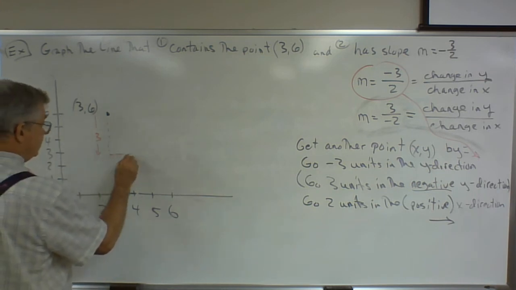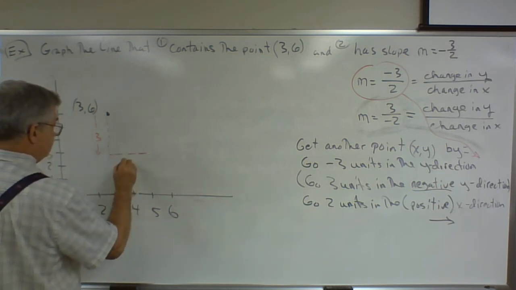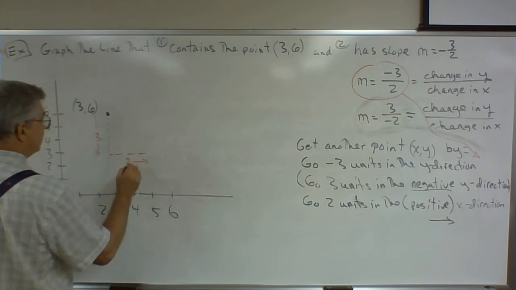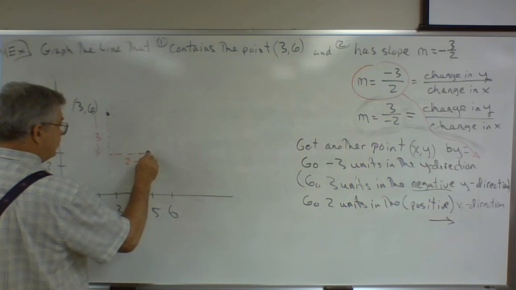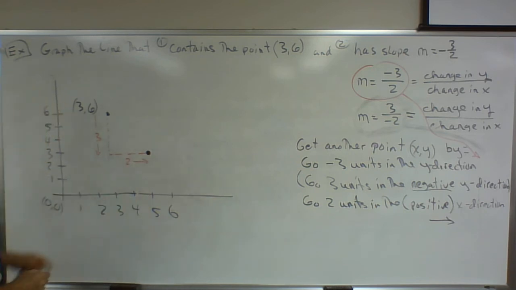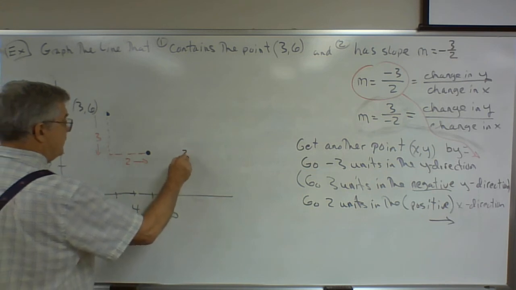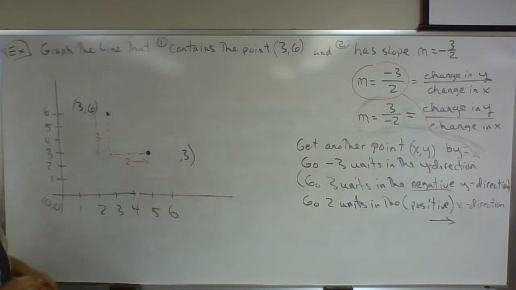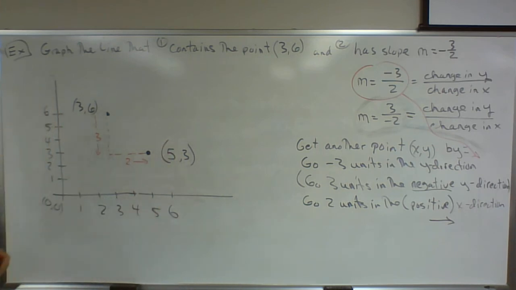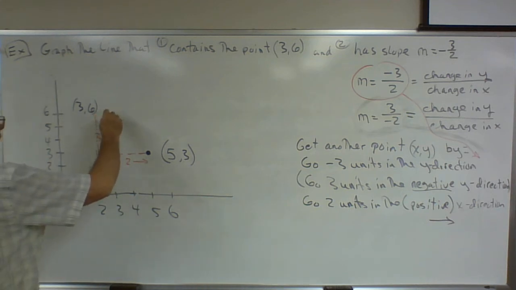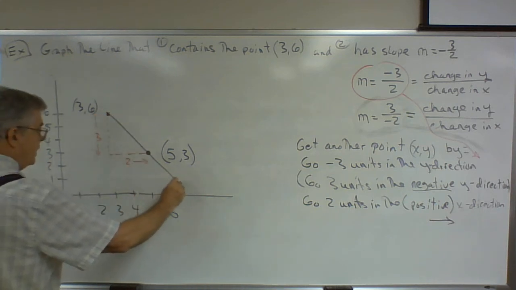So 2 units in the positive x direction. And we have our new point. 6 minus 3 is 3. That's the y coordinate. 3 plus 2 is 5. That's our new x coordinate. Okay. And connect these 2 points, and that will give us our line.